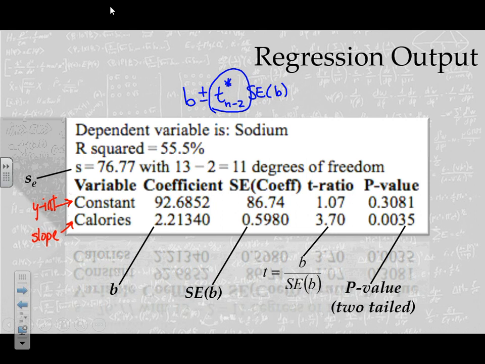So from the computer output, if that's what you're given, you don't even have to really run your test for anything, because it's actually telling you what your t-value is, and it's telling you your p-value straight out. If you're running a confidence interval, that requires a little bit more work. There you actually have to pick out a couple of the pieces, plug it in, and then just evaluate. Okay? But for the most part, shouldn't be too involved if you have that computer output. And most of your problems will give you this information.